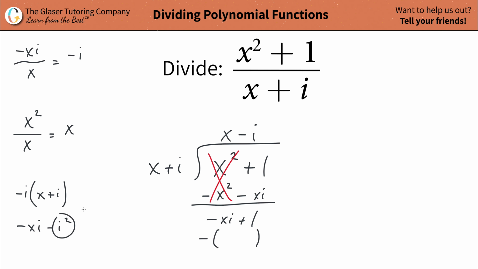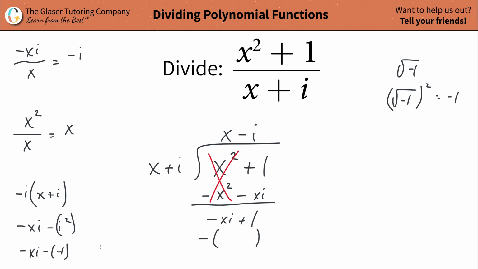Now, something special you should know about i squared. Remember, i is equal to radical negative 1, and therefore radical negative 1 squared is simply going to be equal to negative 1. So this term here is now going to be a negative 1.